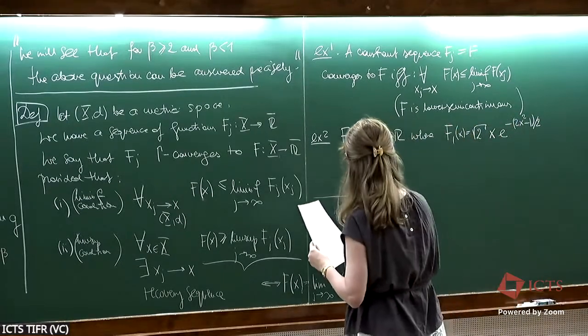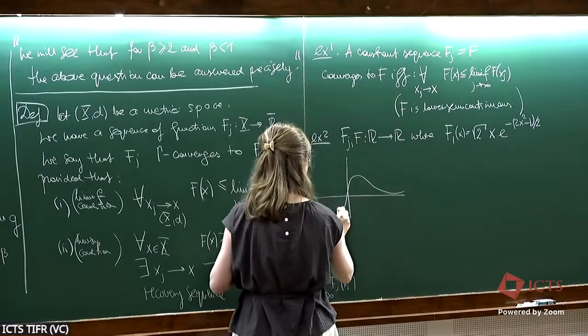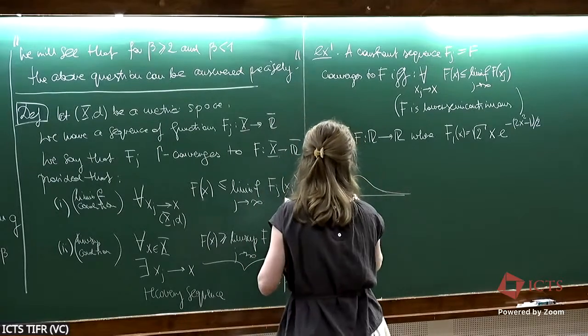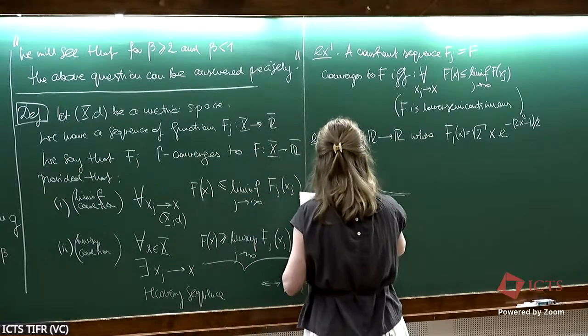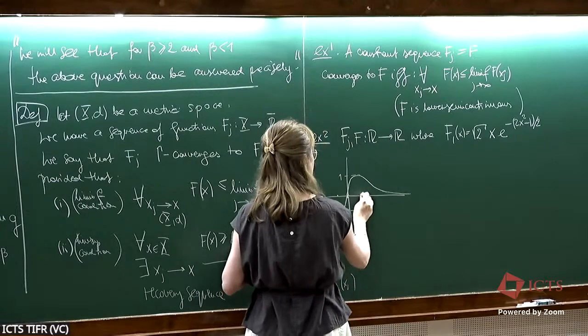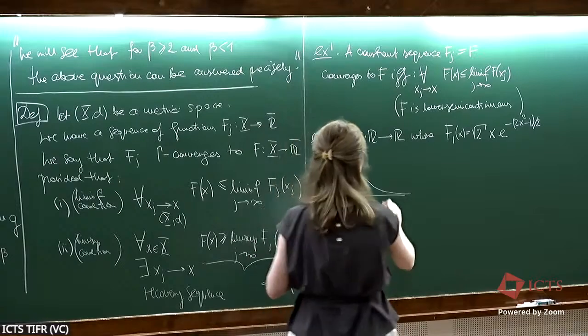So this function looks like this. Goes to 0 here, infinity. It passes through 0. It's odd and attains maximum 1 and minimum minus 1 at points that are symmetric. Okay, that's f1.